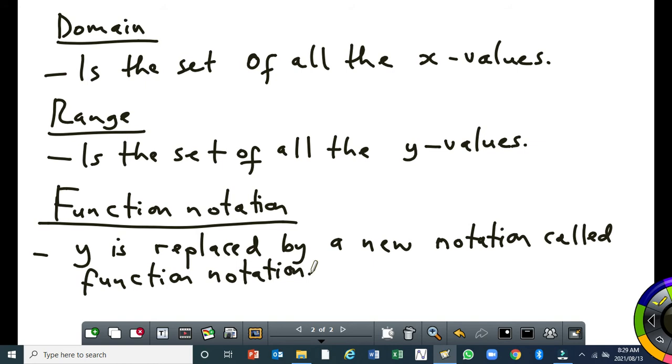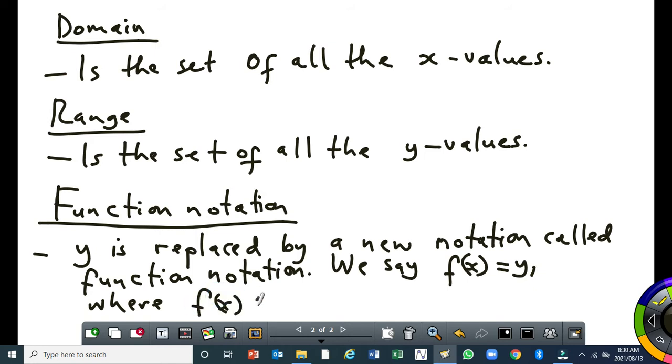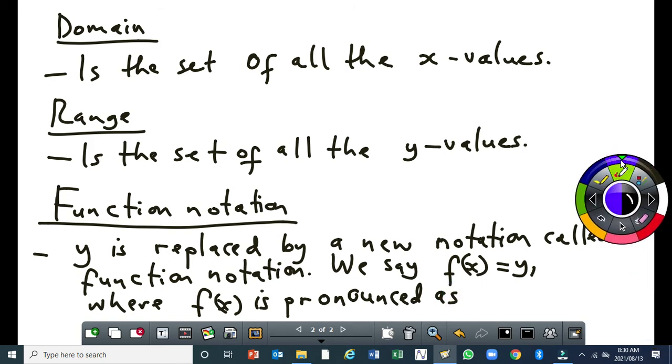So we say f of x is equal to y, where f of x is pronounced as f of x.